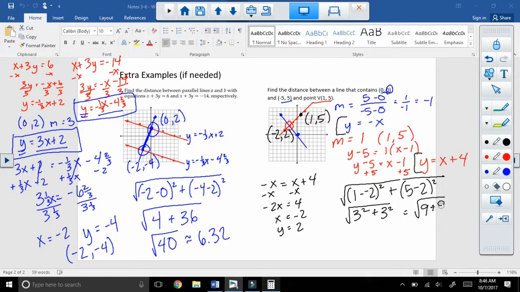So the square root of 9 plus 9, that is the square root of 18. And if you would like to change that, you can. That's going to be approximately 4.24 units.